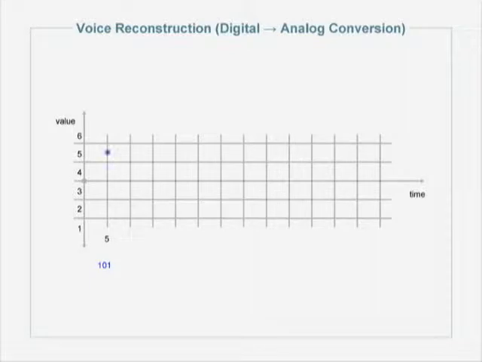So we put the voltage, which corresponds to level 5, on the loop at the far end. And then a while later, a 2 comes along, so we put the voltage that corresponds to level 2 on the line, and then a 1, and then a 4, and a 4, and a 2, and a 4, and a 5, and a 2, and a 3, and a 6, and a 3, and a 1.